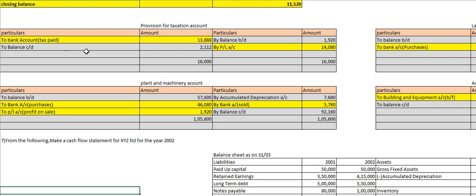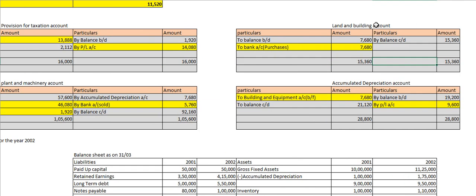So there is a credit balance which tells to bank account 13,888. This is nothing but your tax paid for the current year. So moving on to the next account, which is your land and buildings account.